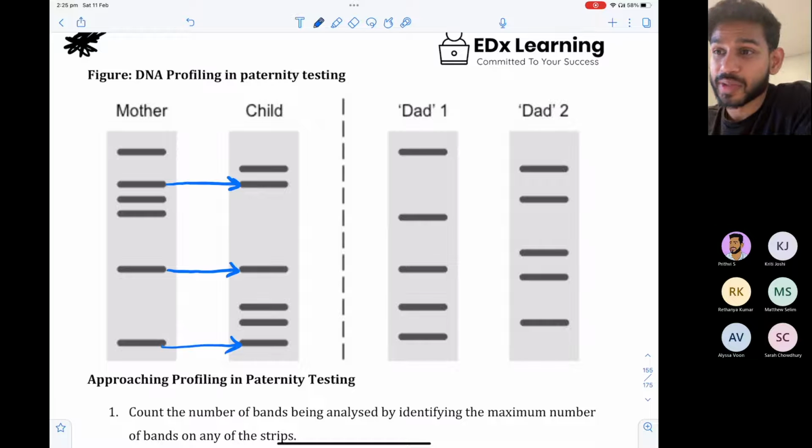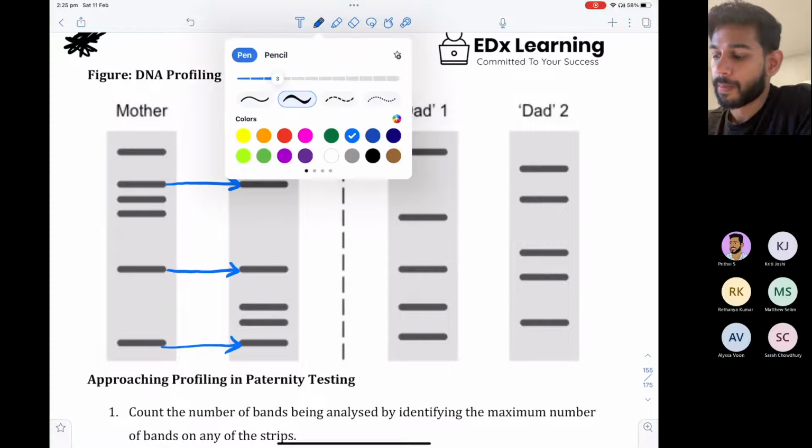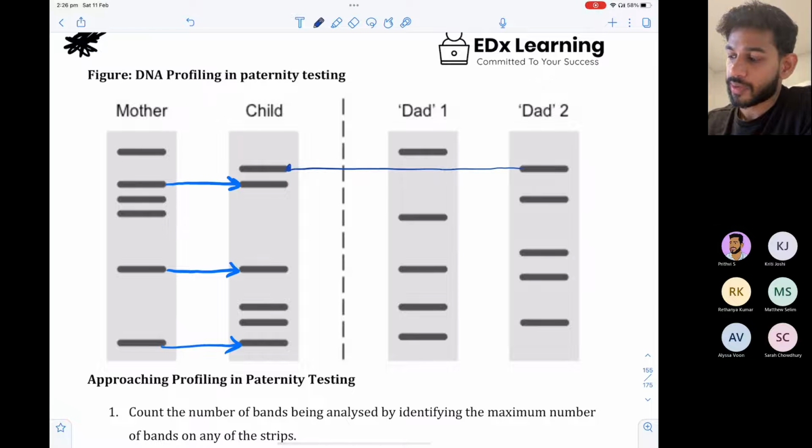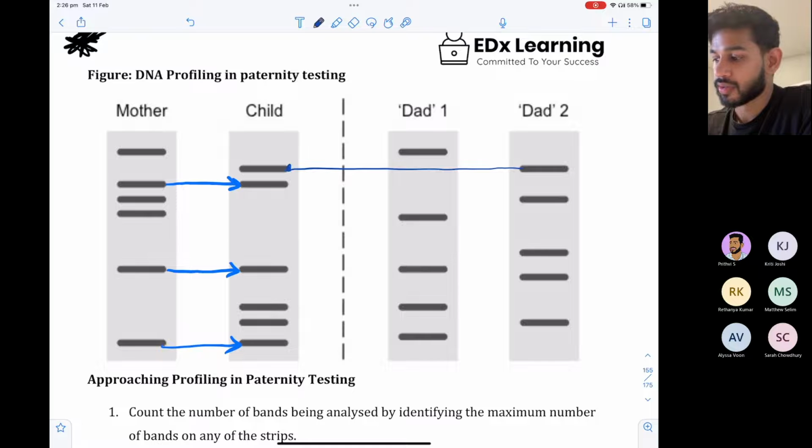Simple. Where must the other alleles have come from? If not from the mother, Rithanya, where have the other alleles come from? Father. Easy, right? So this top band here, does it match up with dad 1 or dad 2, Rithanya? Dad 2. Good. Now, what about this band?